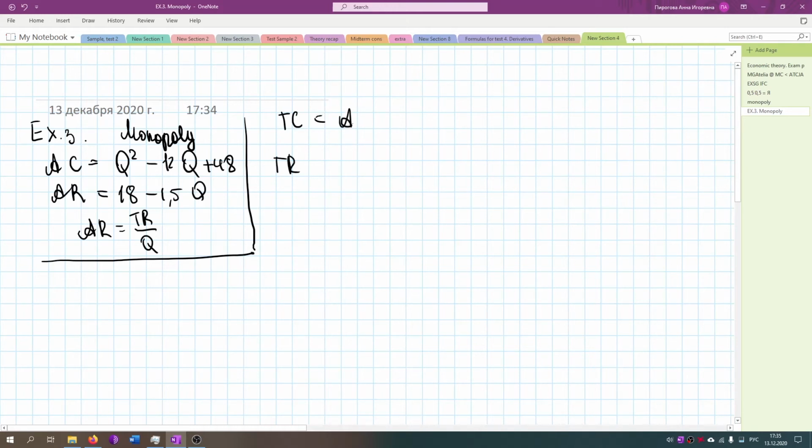Total cost is equal to average cost multiplied by Q. So we multiply our average cost by Q, and we receive Q in the third power minus 12Q in the second power plus 48Q.